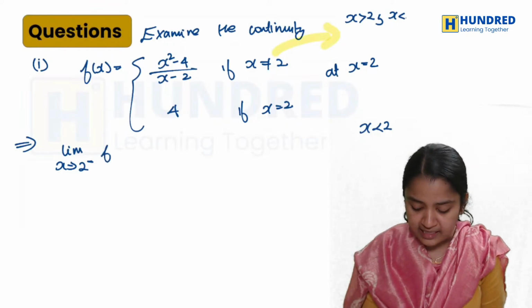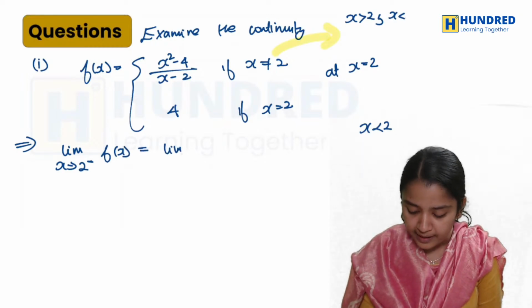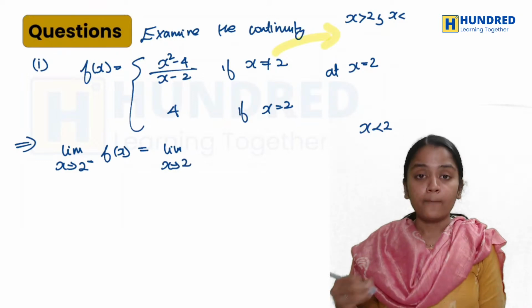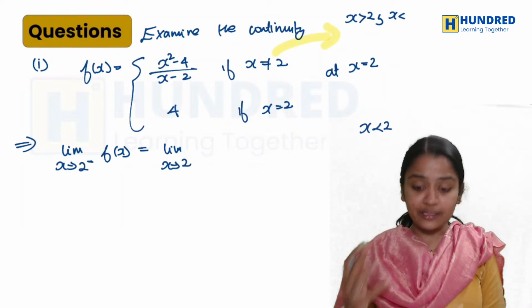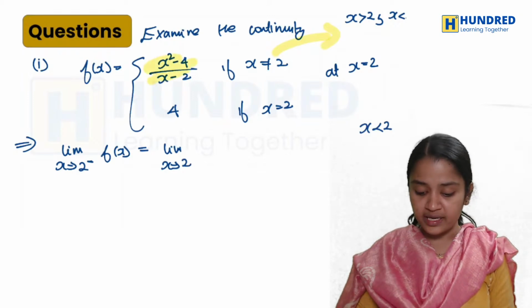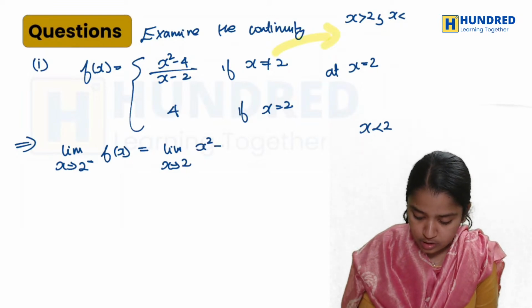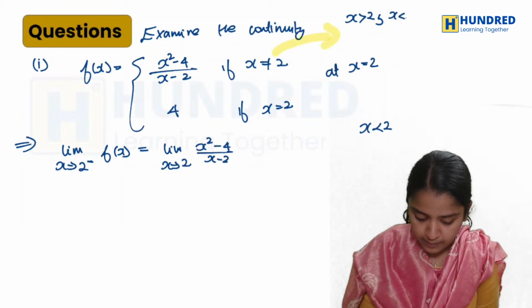So the limit as x tends to 2 minus of f of x: the function value for x less than 2 is x square minus 4 by x minus 2.